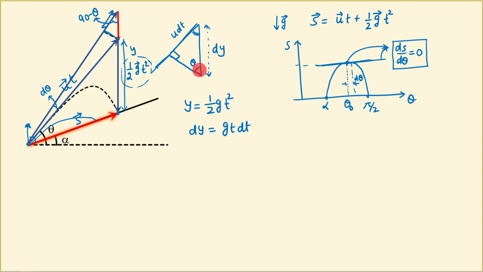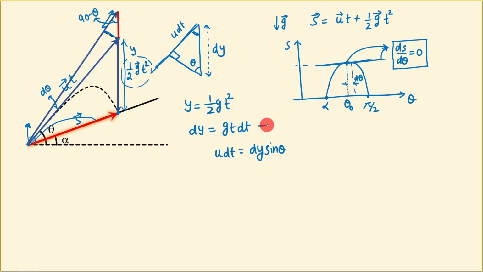Here in this triangle, when the value of theta is equal to theta naught, at the condition of optimum or the maximum displacement s, we can write in this triangle the hypotenuse is dy, the height is u dt. We can write u dt equal to dy sine theta, right?